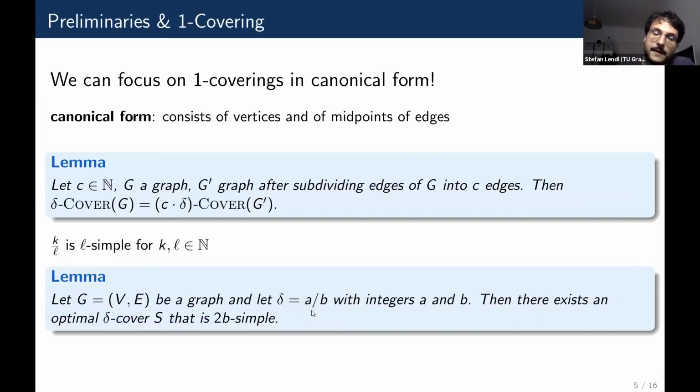So we can write them as A/2B. For the case delta equal to 1/B, this is exactly what we want. This means we can select points on midpoints or on vertices. So now we have to try to find such a solution.